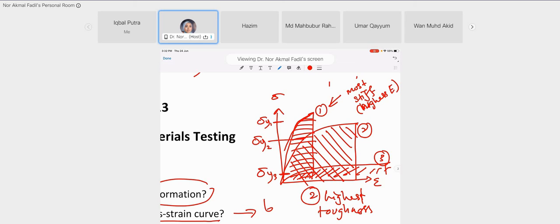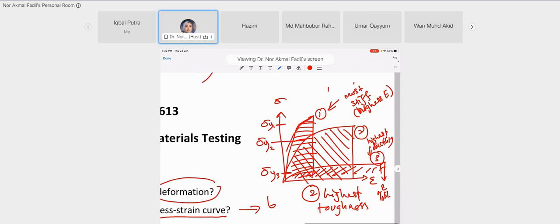But the highest toughness is alloy number 2, and material number 3 has the highest ductility, because the value of strength is the highest, or the percentage of elongation.